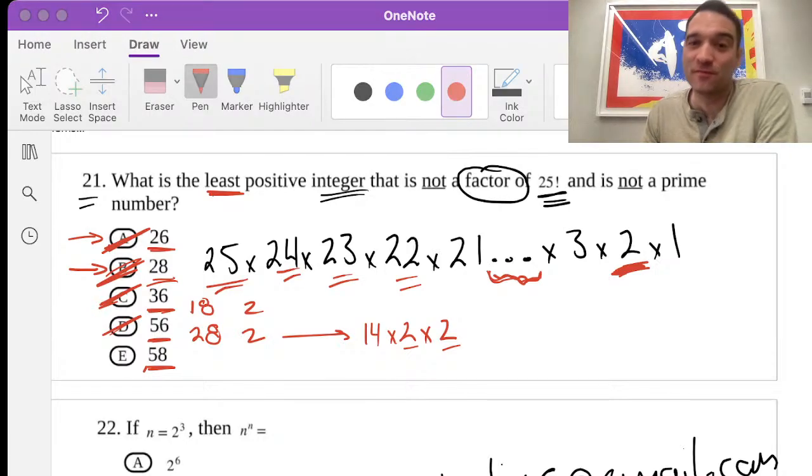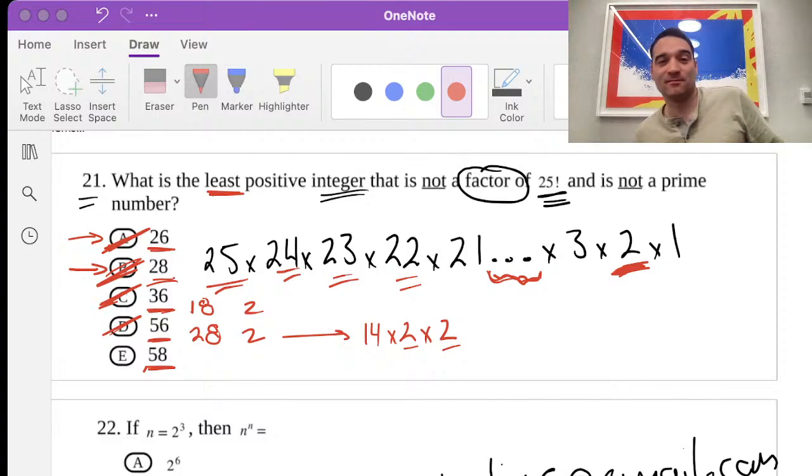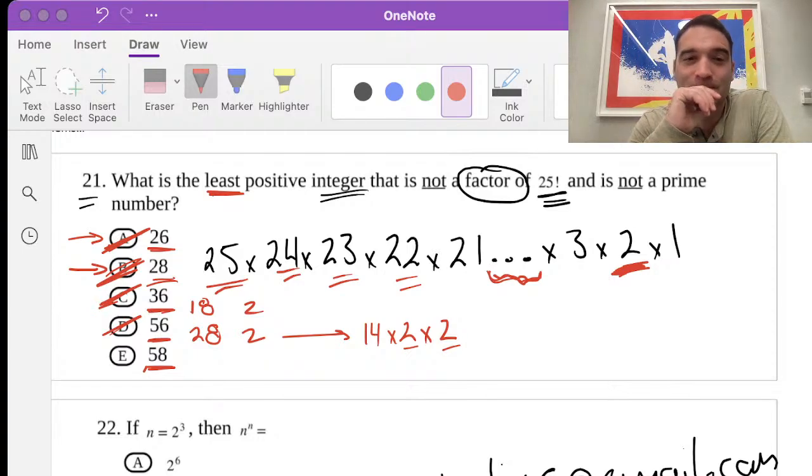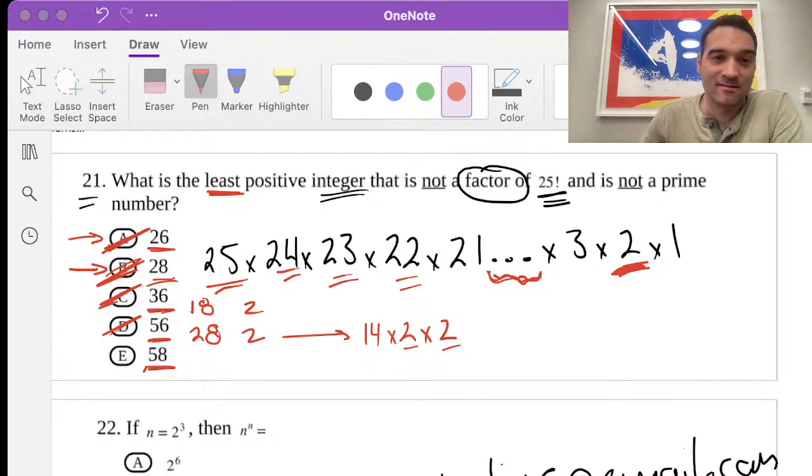Becca, if I broke 58 down into its prime factorization, what do I get? What are the prime components of 58? 2 and 29. 29 times 2, right?